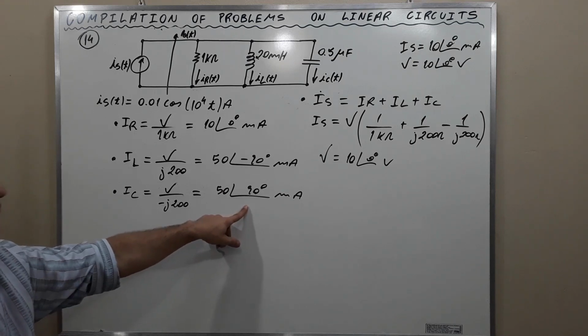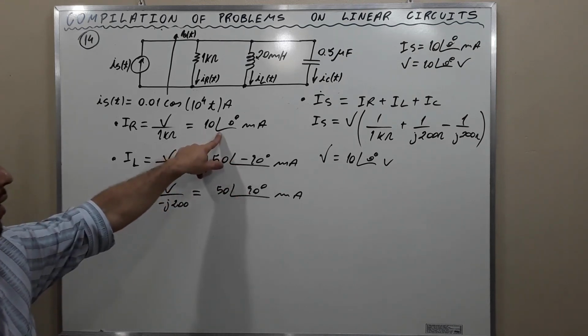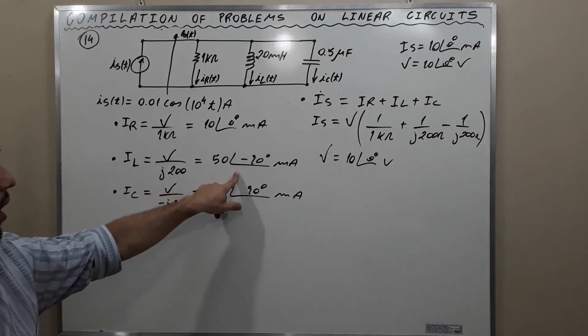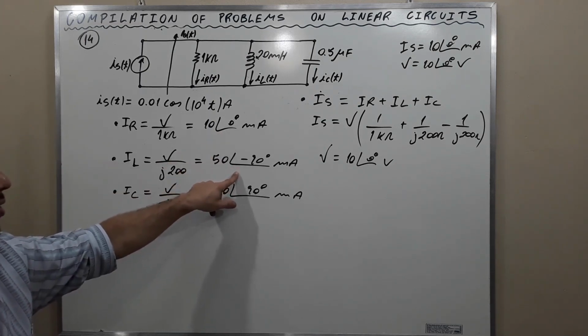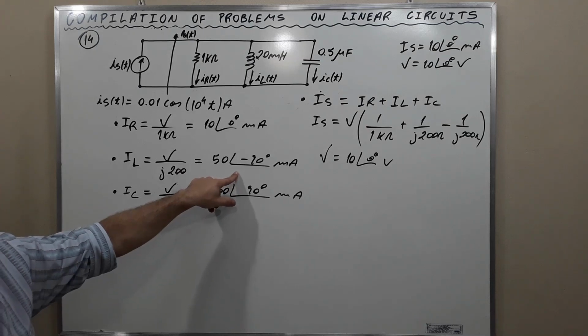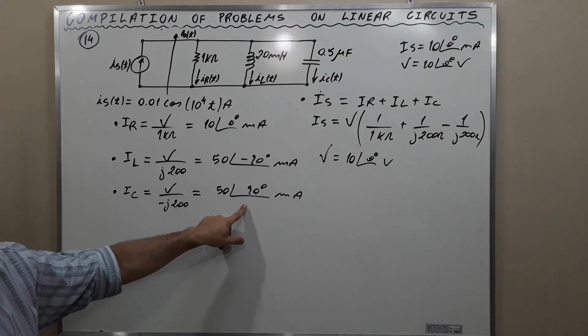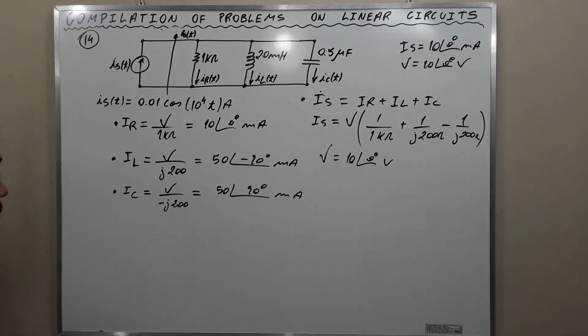One more time, the current is in phase with the voltage for a resistor, the current lags the voltage for an inductor, and for a capacitor, the current leads the voltage. Alright? And what did the exercise want us to analyze?